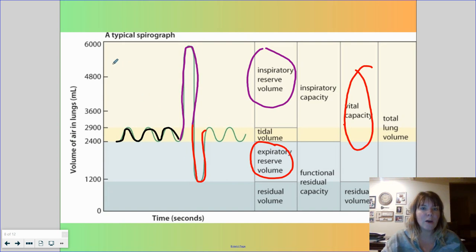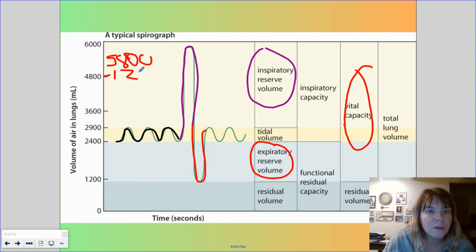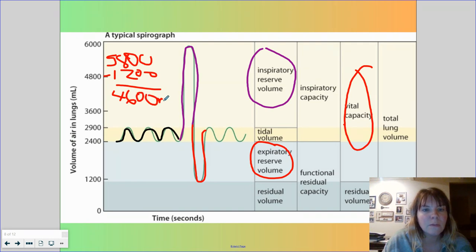We'll just say that's about 5,800 minus 1,200. So you're left with 4,600. That's how much you've taken in. So that would be how you would measure it.